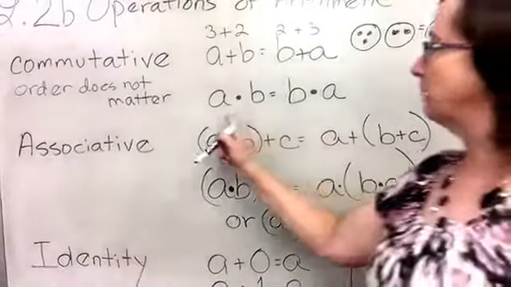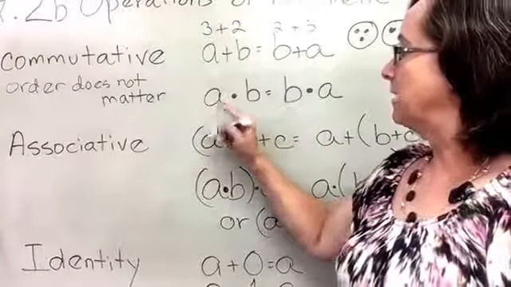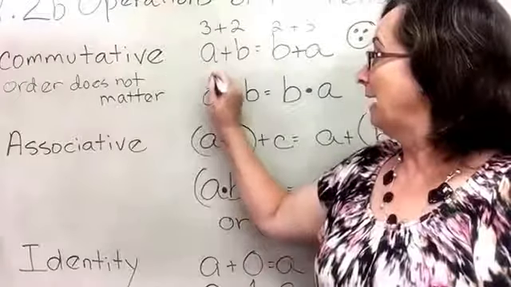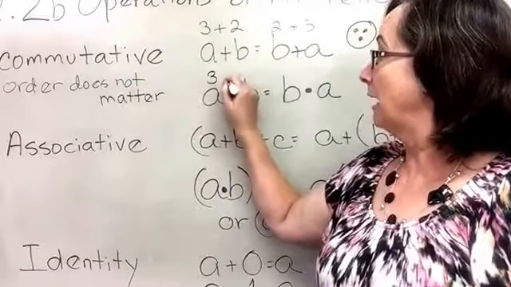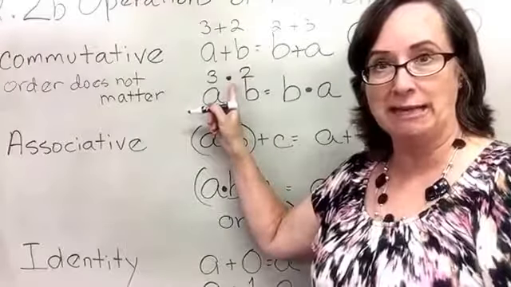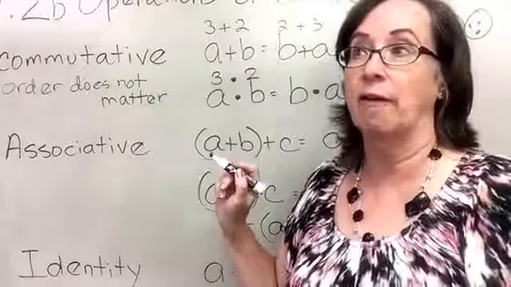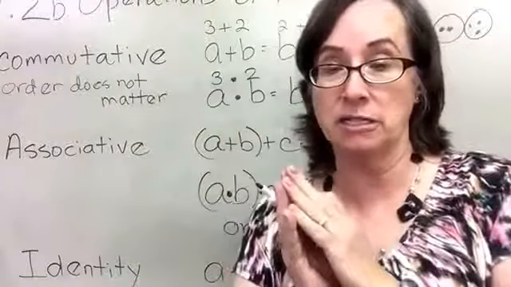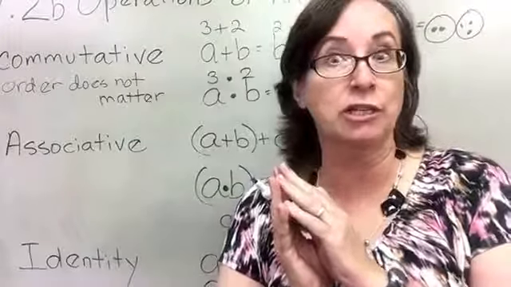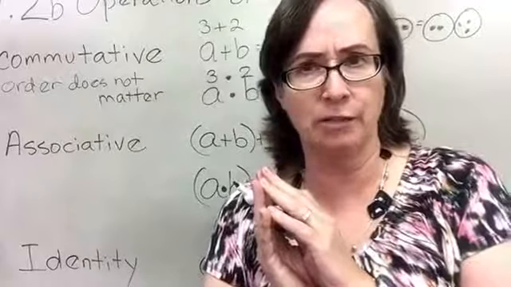Now, let's look at this one. What if we let A be 3? Okay, so remember, multiplication is a little different. If I have 3 times 2, now this little symbol here, this little dot, is to keep us from getting confused, all right? In the last part of your basic skills, you started to work a little bit with a little bit of algebra, unknown numbers.